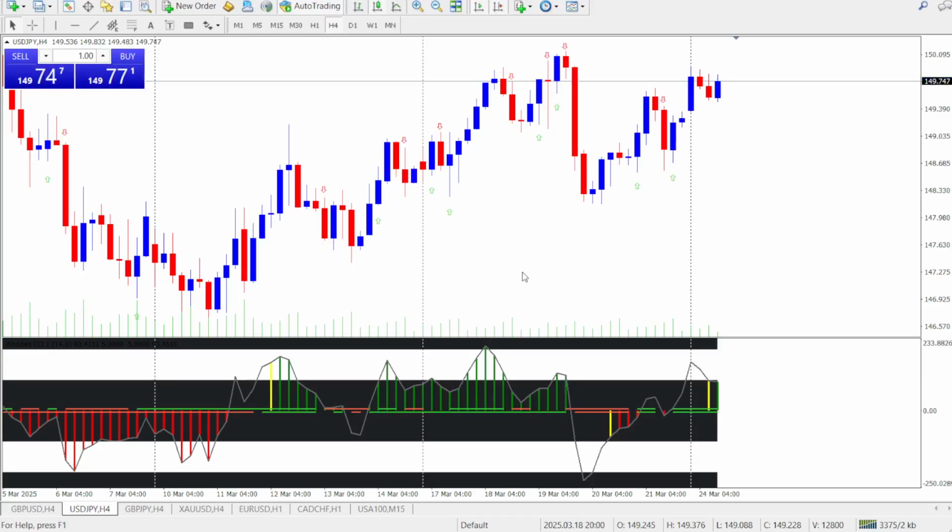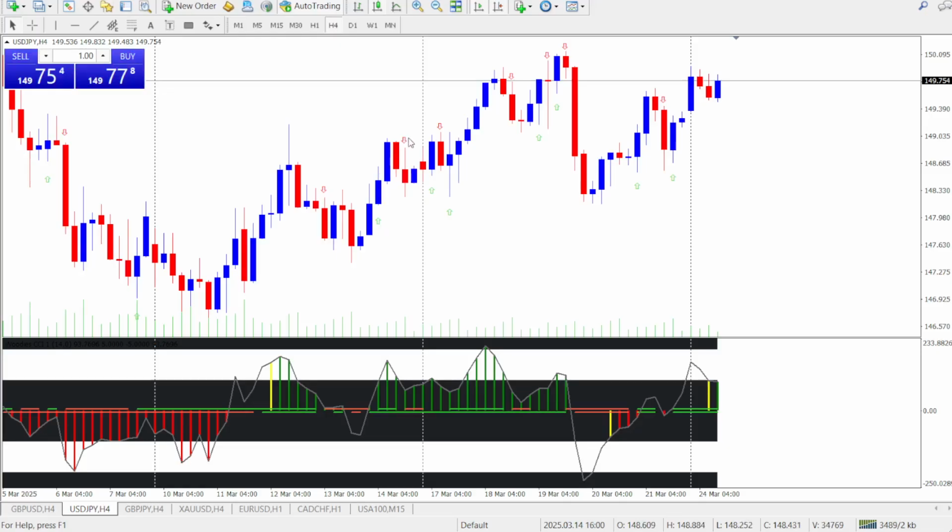Now one of the powerful features is its ability to plot buy and sell signals directly on the chart. You can see that here with the aid of these arrows. The arrows actually give you precise entry points. When a green arrow appears, for example, that's a precise buy signal.